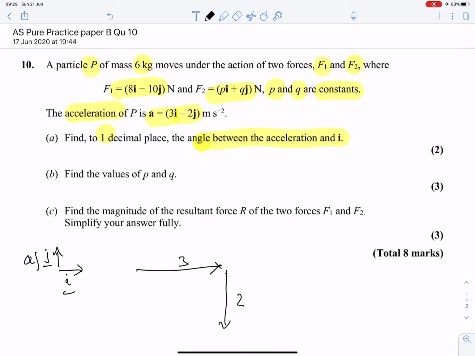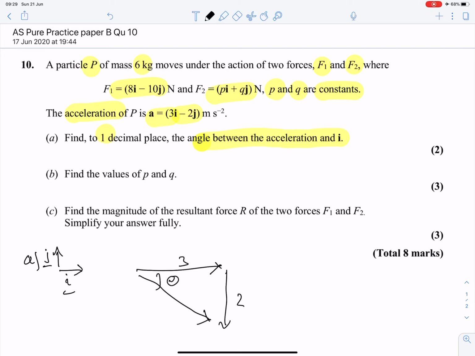Find the angle between i, so this is our i direction here. So we want the angle with this vector. So that's going to be there, theta.